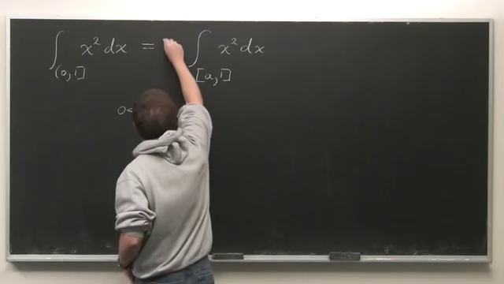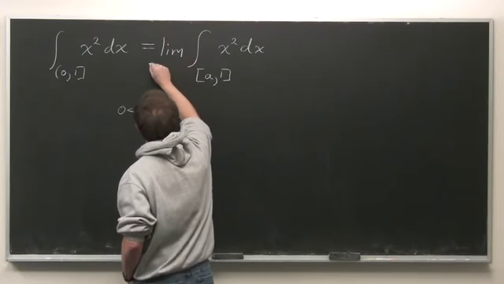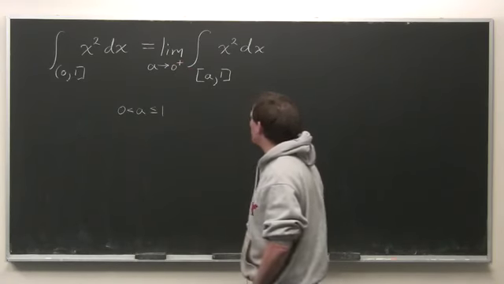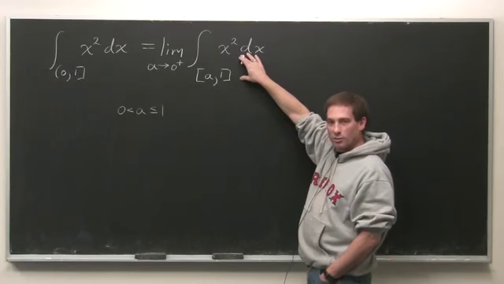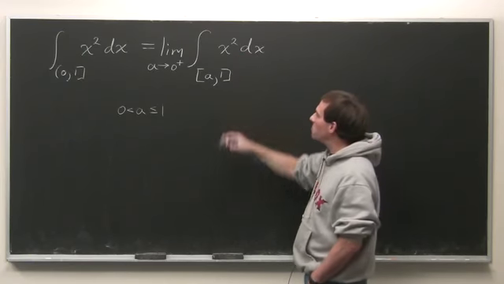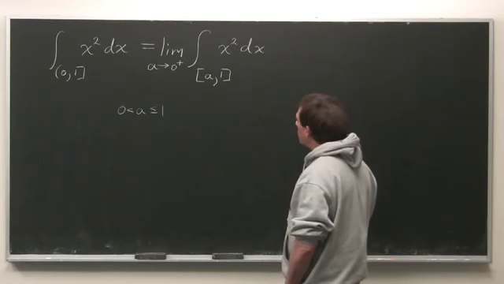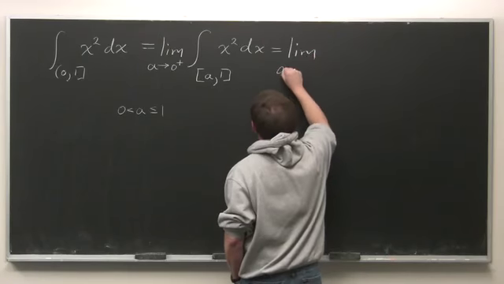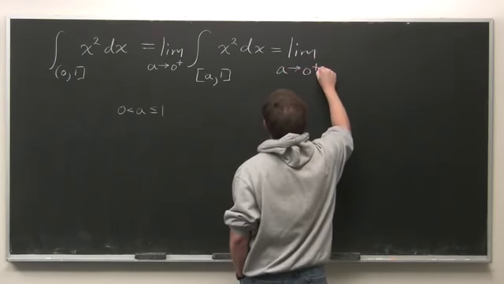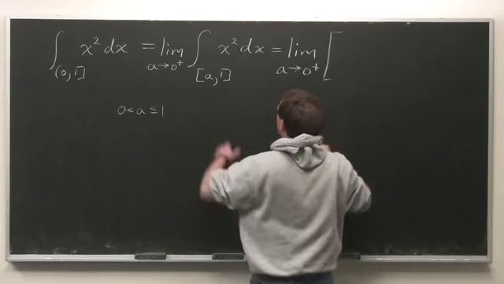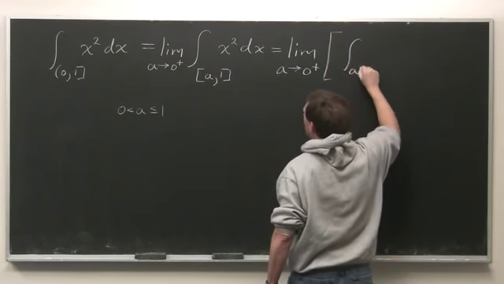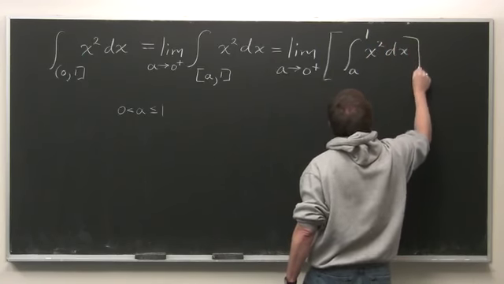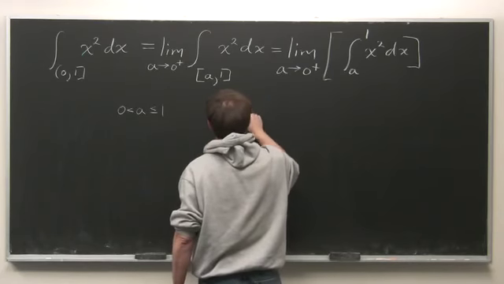So from the right, we could try taking the limit as a approaches 0 from the right of all of these integrals over closed intervals. What will we get? Well, this now is the limit as a approaches 0 from the right of our standard Riemann integral. And by the fundamental theorem of calculus, we know how to calculate all of these.